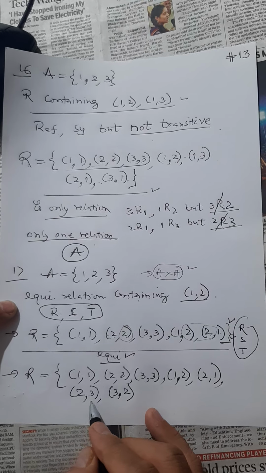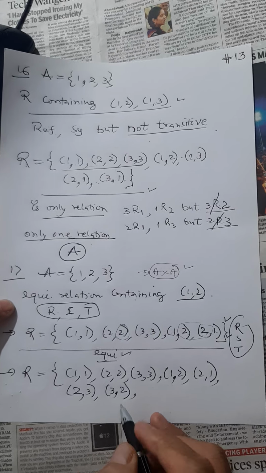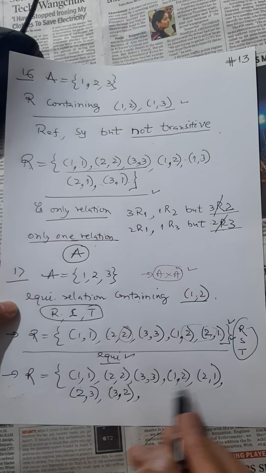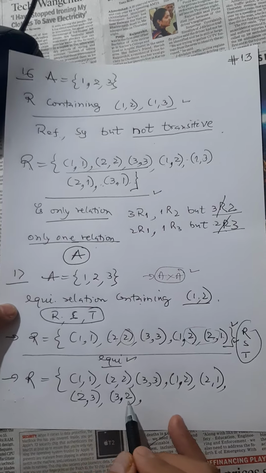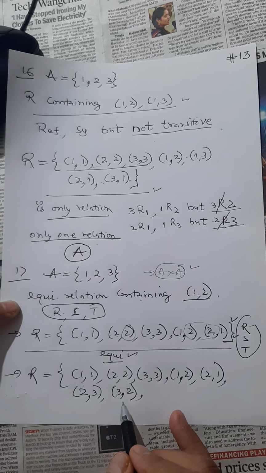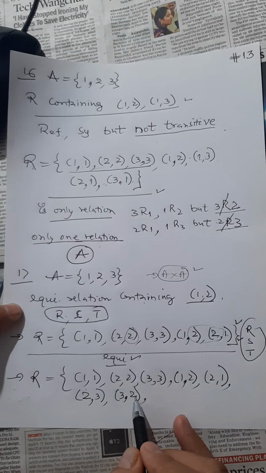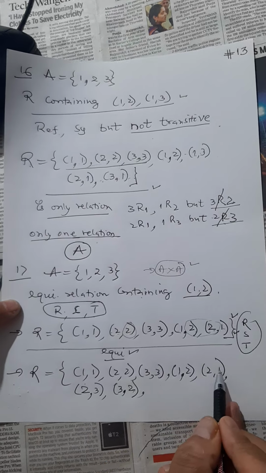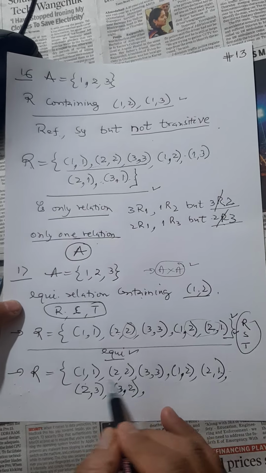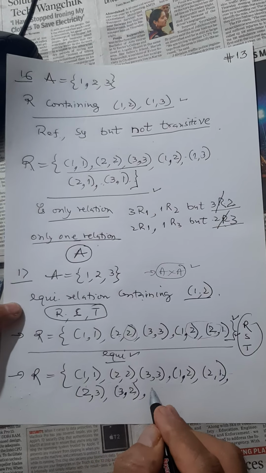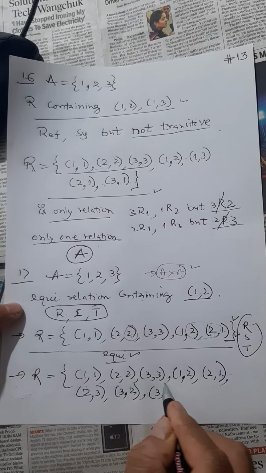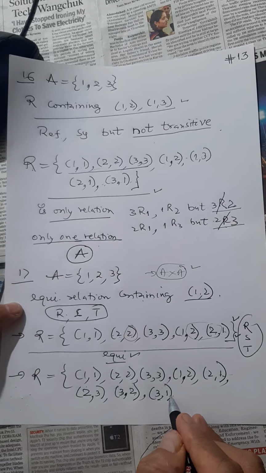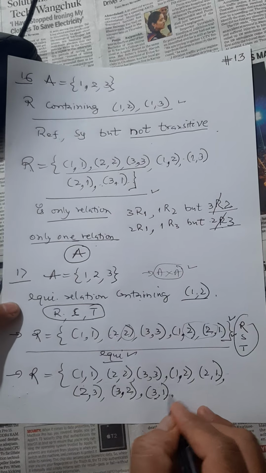Now if I keep up to this much, then you can see that (3,2) is there, (2,1) is there, but (3,1) is not there. So if I keep this much, this is not transitive, so I need to put (3,1). Now if I put (3,1), to make it symmetric, I need to put (1,3) also.